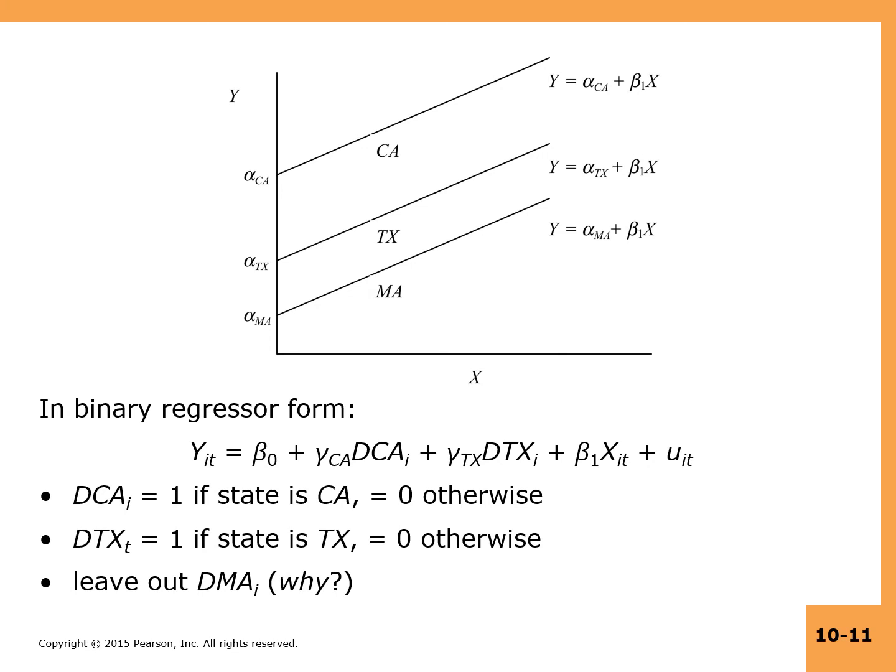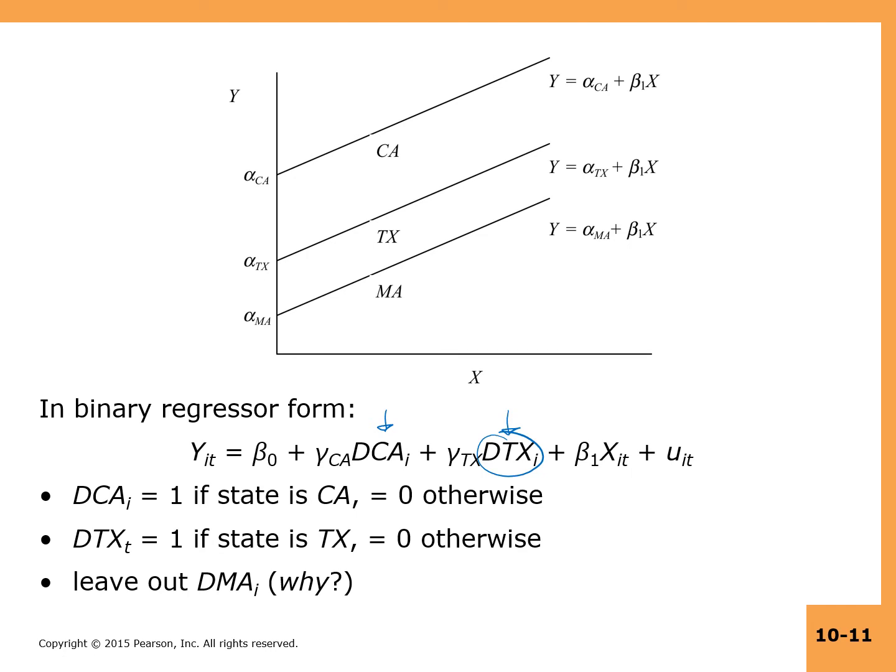To write these three regressions in a binary regressor form, you can include two different dummies. For example, one dummy would equal 1 if the state is California and 0 otherwise, and another dummy would equal 1 when the state is Texas and 0 otherwise.